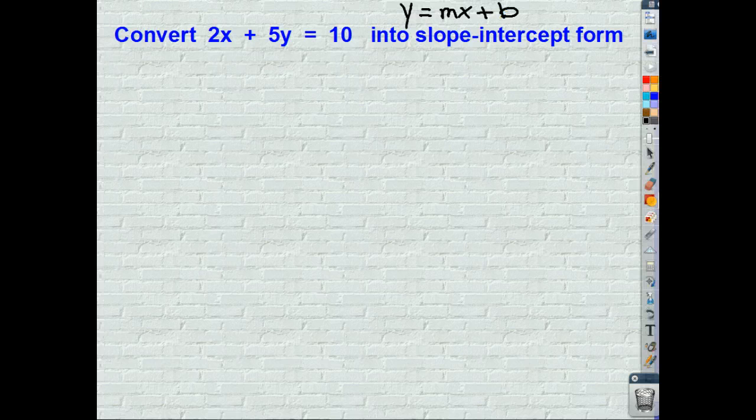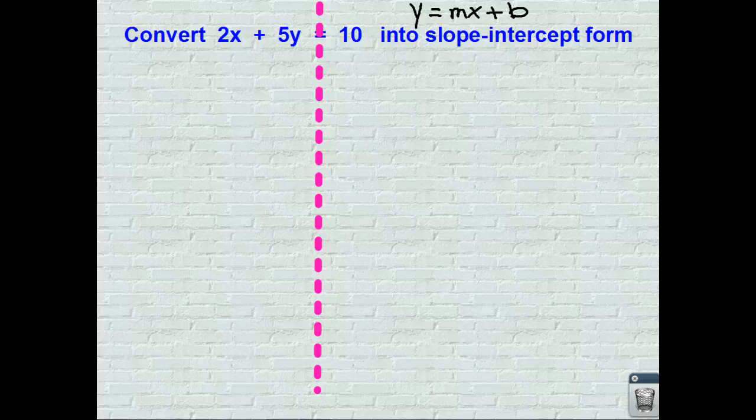So I'm going to create our famous wall here, write down the equal sign, and that creates two sides of the equation. And whenever I do this, I look and see what I want on each side of the equal sign. So I created a left side over here, and I've created a right side. Well, looking at my slope-intercept form, on the left side, all I want is a positive 1y.